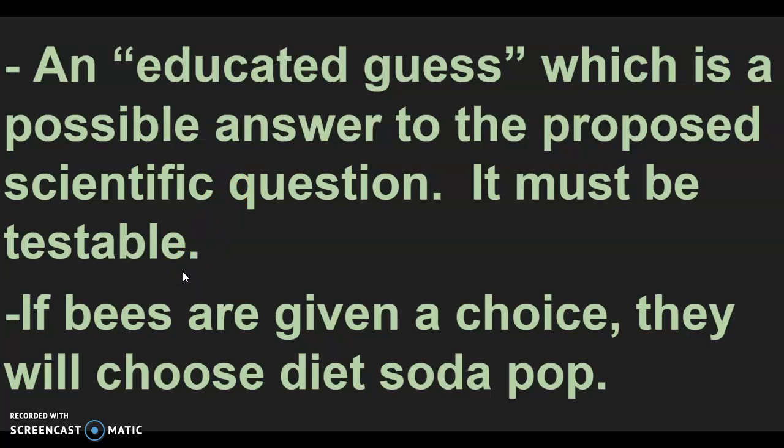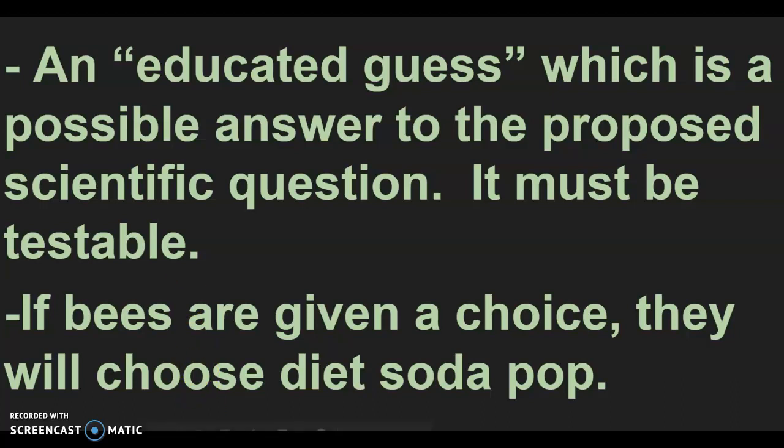And going back to the vaccine problem that we're seeing, we know that testing is happening all the time, and we get little snippets of information about how it's going in this country and how it's going in that country. So your hypothesis is your first shot out of the gate. What do you think is going to happen? What do you think the answer might be? A lot of times you'll see these as if-then statements.